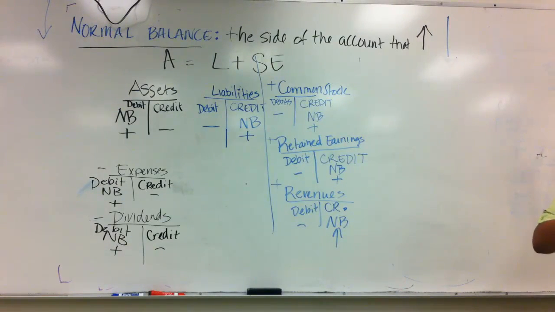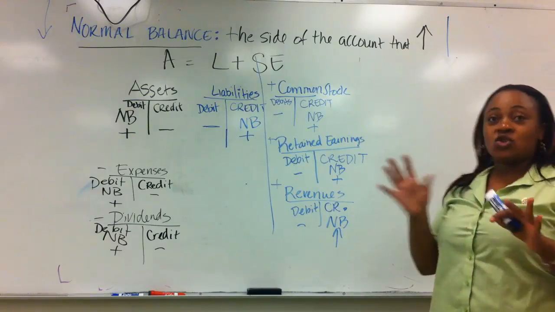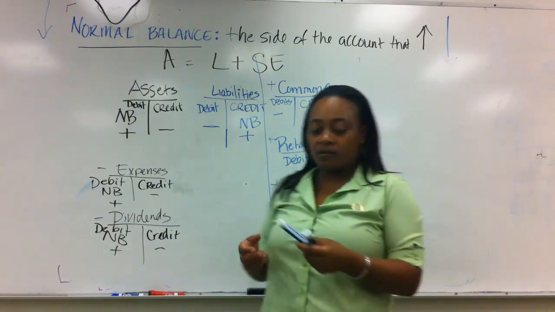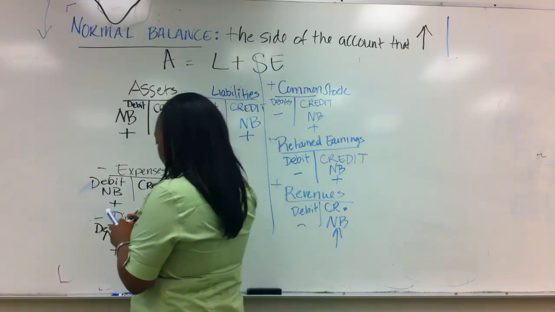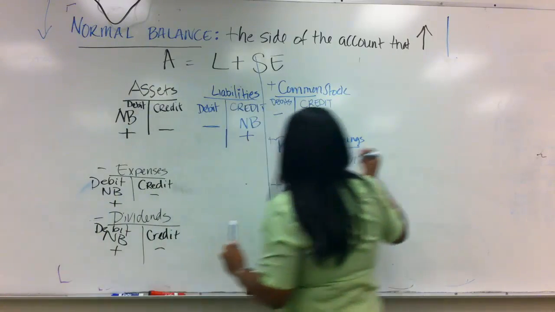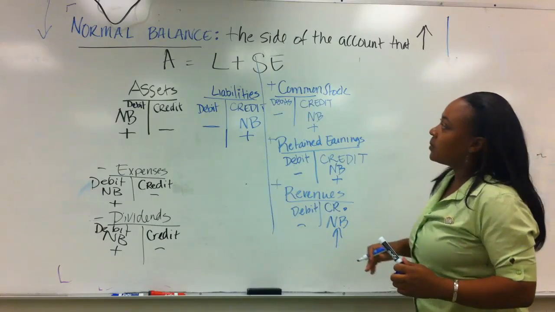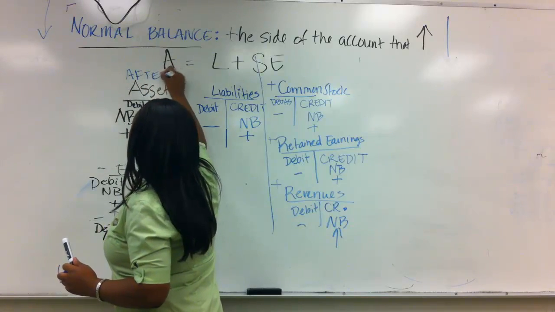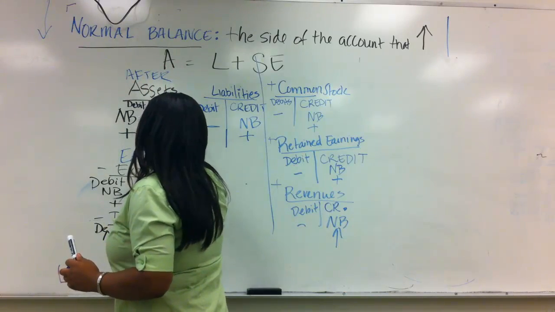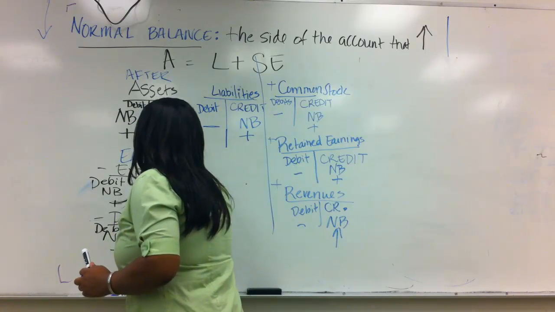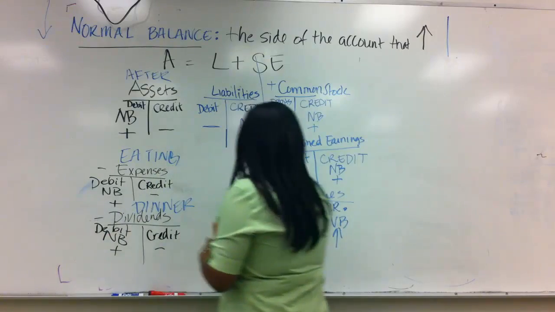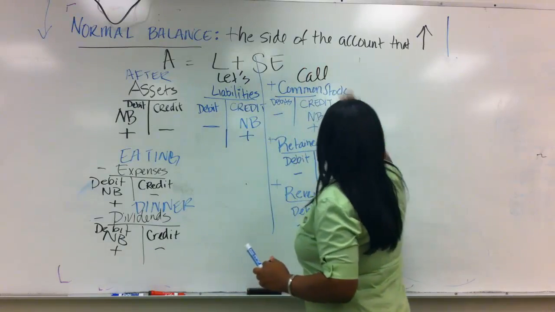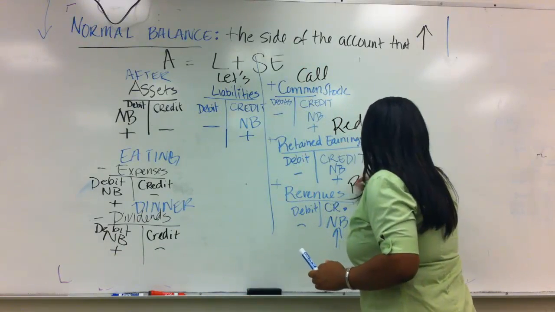Okay? Now, if you are not a visual learner and all these colors are not really working for you, but you're better at reading and writing, what I do is I have an acronym. After eating dinner, let's call Red Robin.